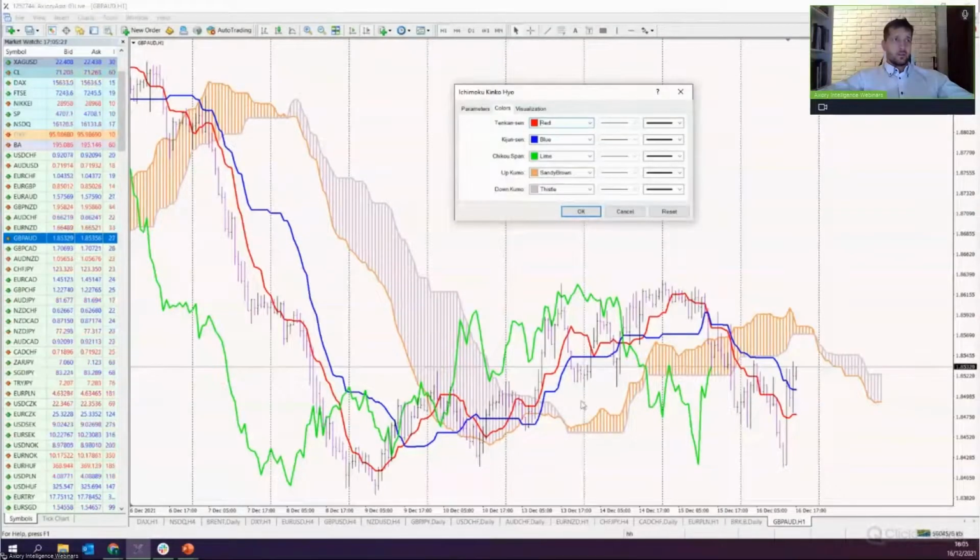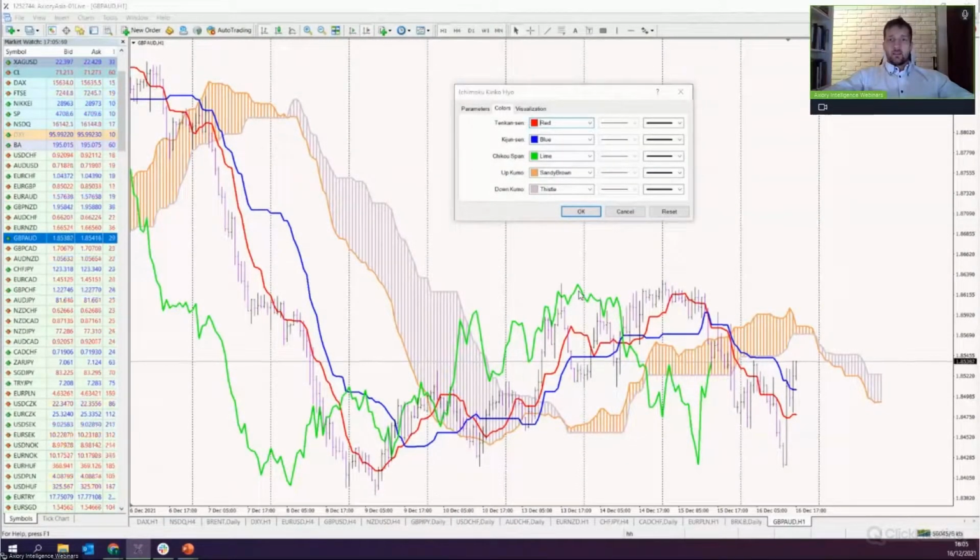Look, here it is flat and Kumo is flat. Here the cloud is also flat. So Kijun-sen, you can call it a baseline, is calculated by adding the highest high and the lowest low over the past 26 periods and dividing the result by 2.